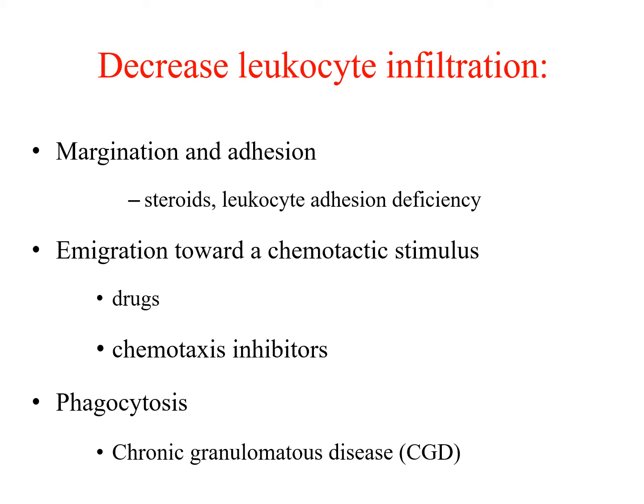So for example, steroids like corticosterone can affect margination and adhesion, just to give one example. The actual immigration, the diapedesis and being attracted to the chemotactic stimuli, there are drugs we can give, chemotaxis inhibitors, to prevent that. And then lastly, phagocytosis can be impaired.